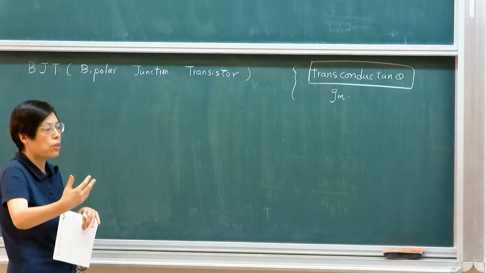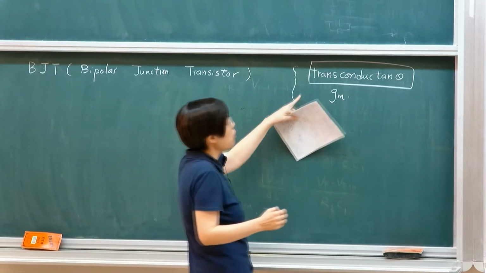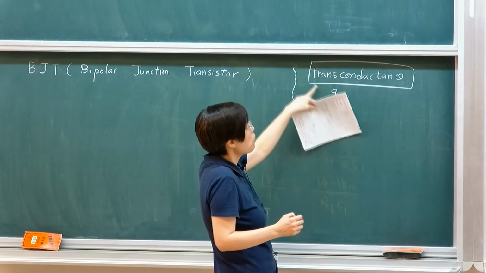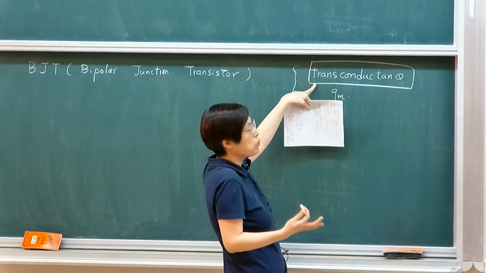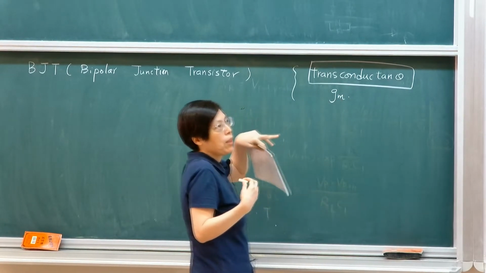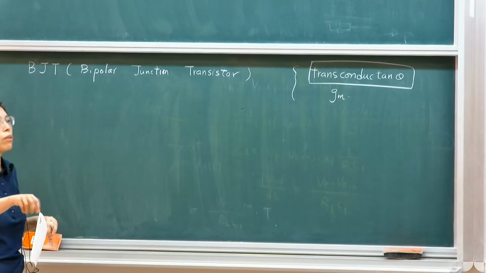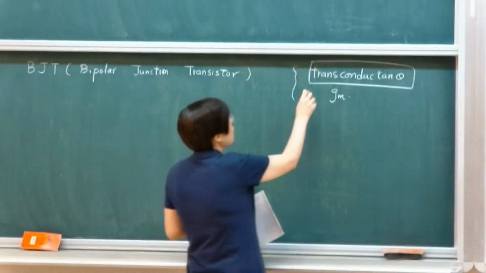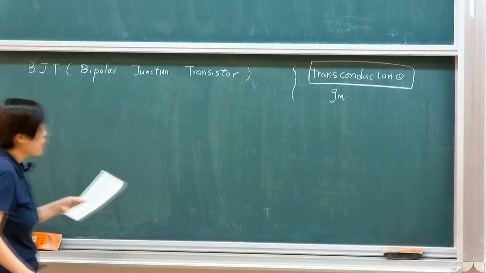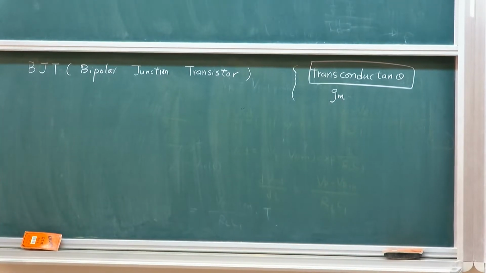So you want the third terminal to control the current flow. How well the third terminal controls the faucet will then be determined by the transconductance. We're going to talk about that when we apply it to small signal analysis.